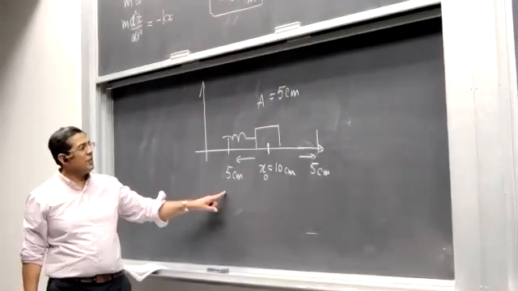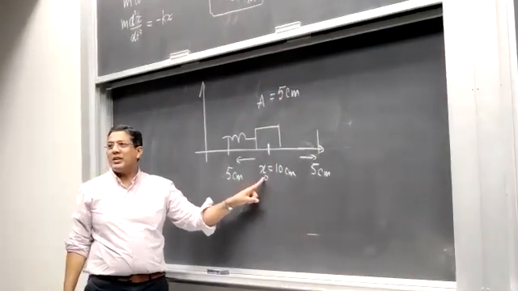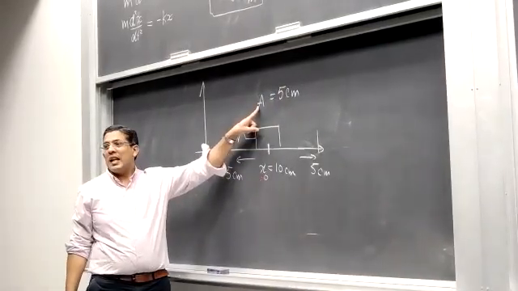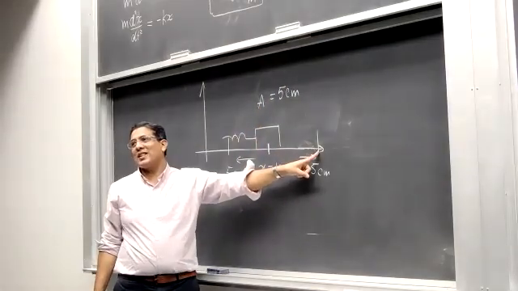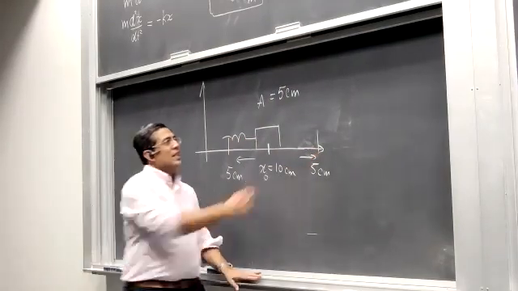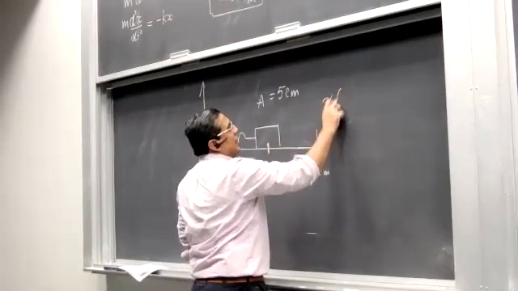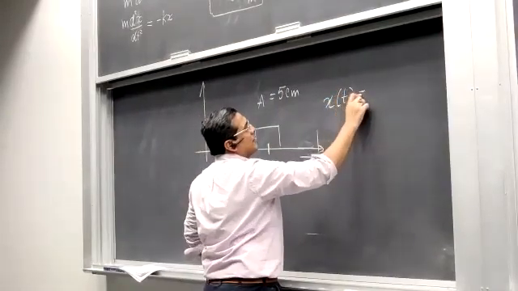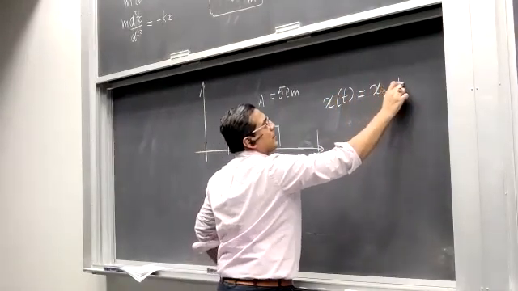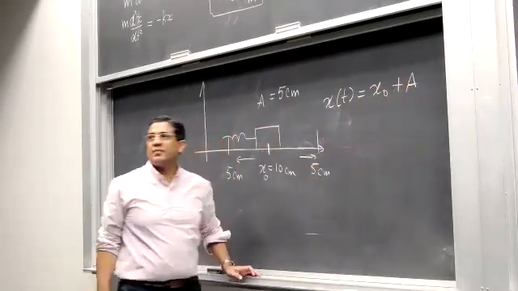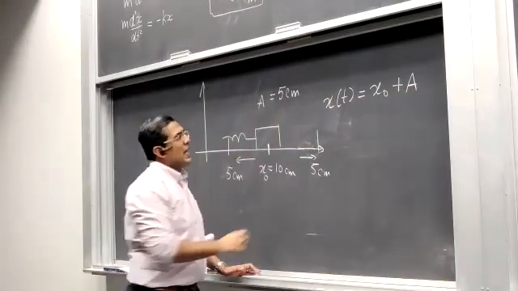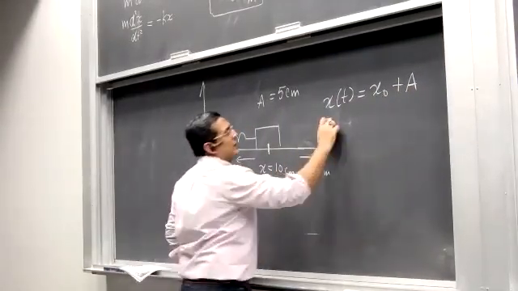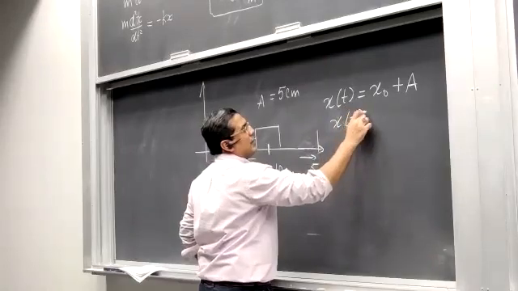Two quantities now you know. X naught is the equilibrium position and A is the amplitude. So when it is at the rightmost point, what would be the value of x of t? 15. And that means simply x naught plus A. And what would be x of t at the leftmost point? 5.